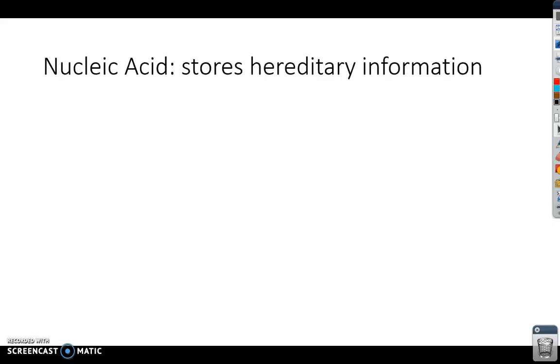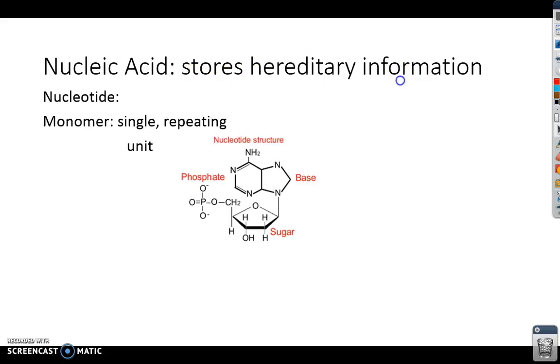All right, our last macromolecule is called nucleic acids, and you can see that nucleic acids store hereditary information. And so we're talking the same terms here. A monomer is a single repeating unit. So for a nucleic acid, the nucleotide is the monomer.